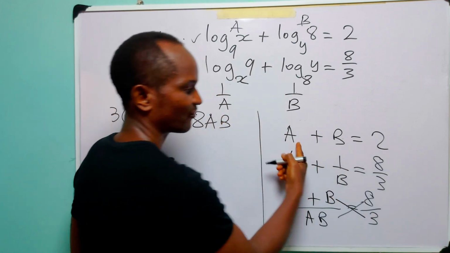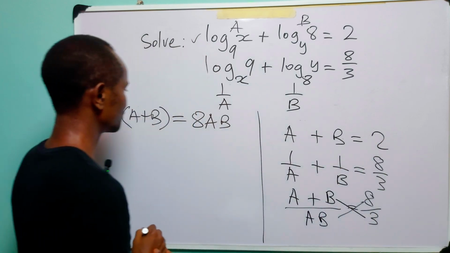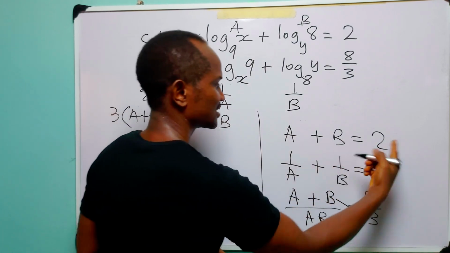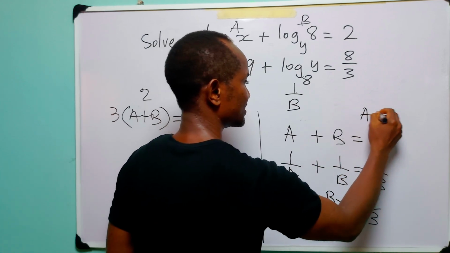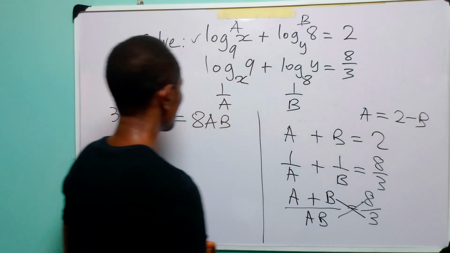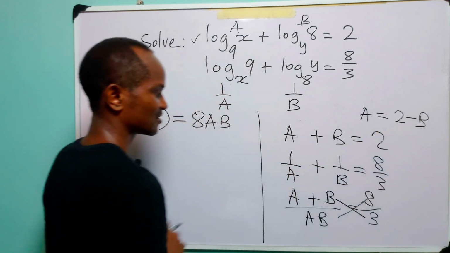But let us come to the first equation. We have that a plus b is equal to 2. So this is equal to 2. And then from the first equation also, we have that a is equal to 2 minus b. So here where we have a, we can replace it with 2 minus b.